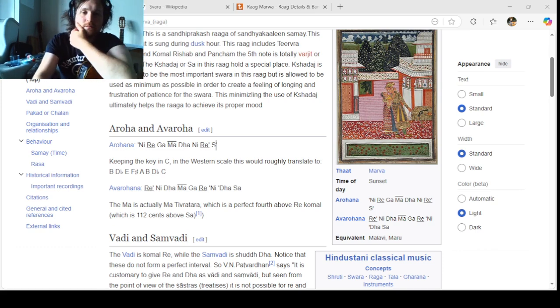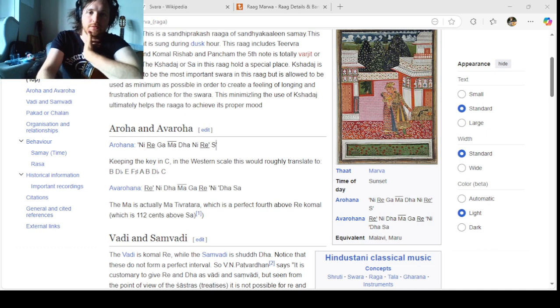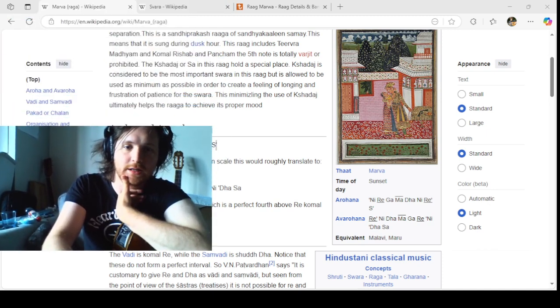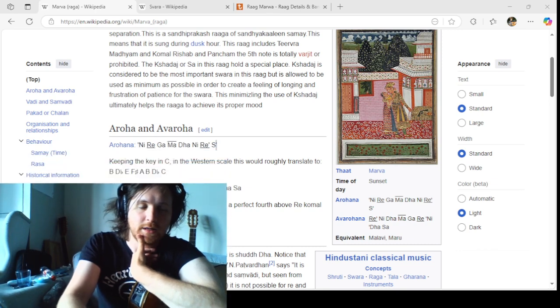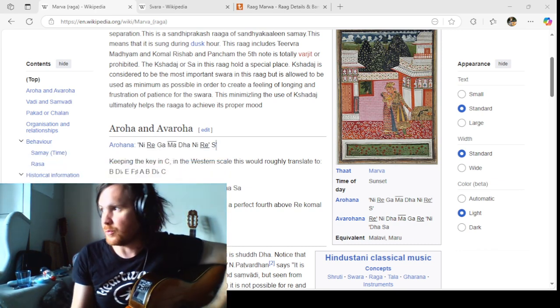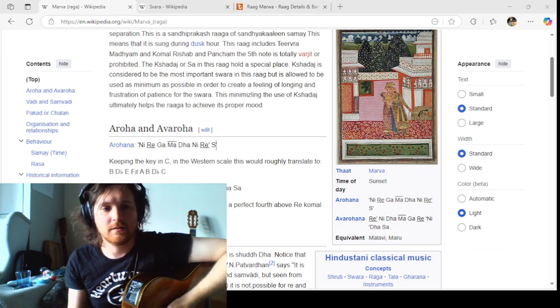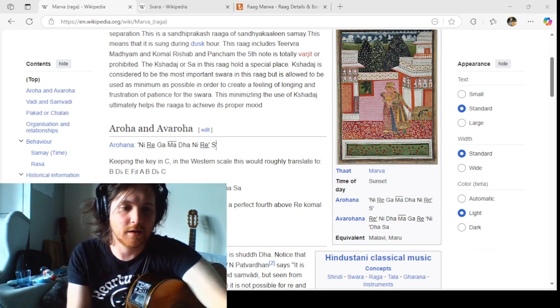As you move more into, let's say, Bollywood and things like that, we do get slightly more chord movement happening. But I think in Hindustani music it's pretty much not the case.